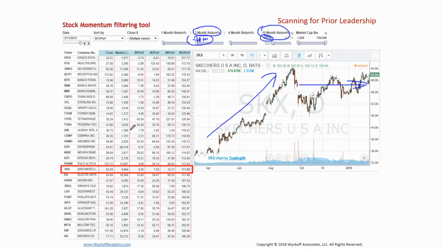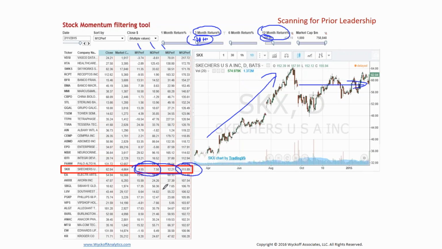So any type of scans that you can create, reflecting those ideas, would be very helpful. And in this case, we're looking at the 12 months outperformance of 11% here, and see how 1 month, 3 months, 6 months are actually somewhat underperforming, especially the 1 and 3 months right here. And that's exactly what you're looking for.